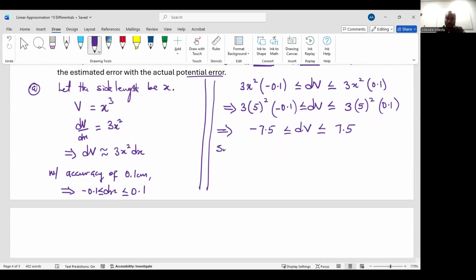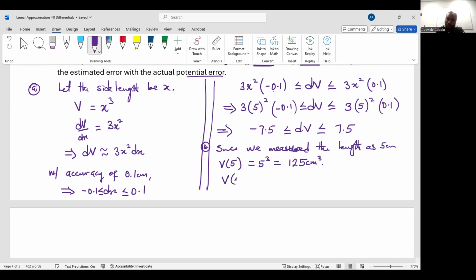So since we measured the length as 5 centimeters, V of 5 is 5 raised to power 3, which is 125 cubic centimeters.